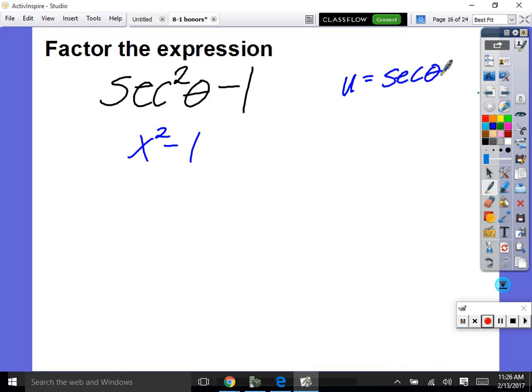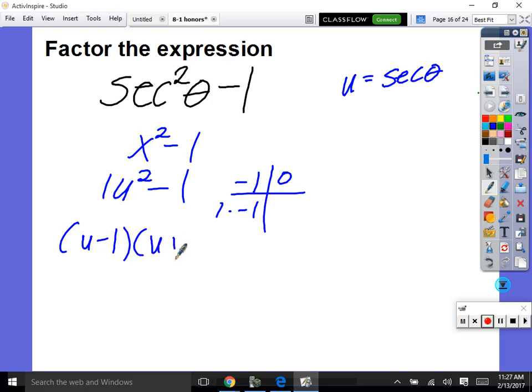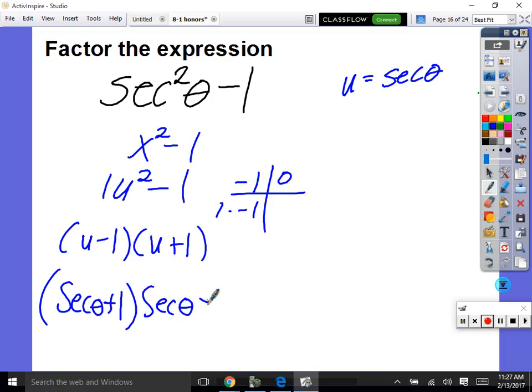So if we have u squared minus 1, we could factor that. Well, multiplies to be negative 1 and adds up to be 0. 1 times negative 1, right? Can I quick factor it? So u minus 1, u plus 1. So this factors, it's not u, it's secant: secant theta plus 1 and secant theta minus 1.